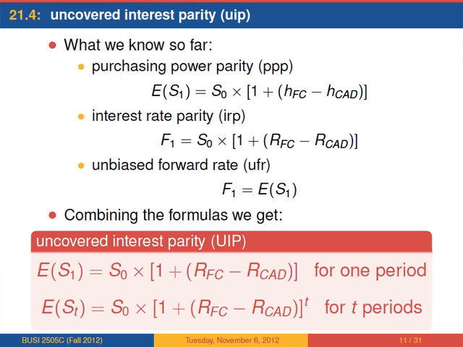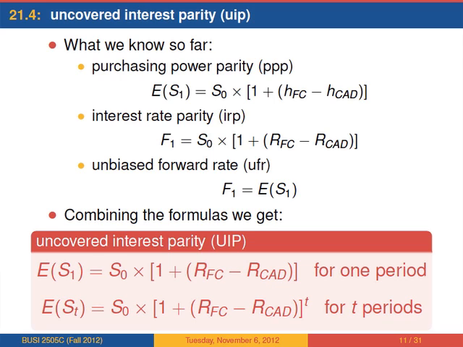F1 is what you can lock in, a contract that you can enter into today where the money is going to be exchanged in the future. S1 is what the spot rate is going to be a year from now, and E is a statistical concept, meaning the expected value, what we expect the average of it to be.